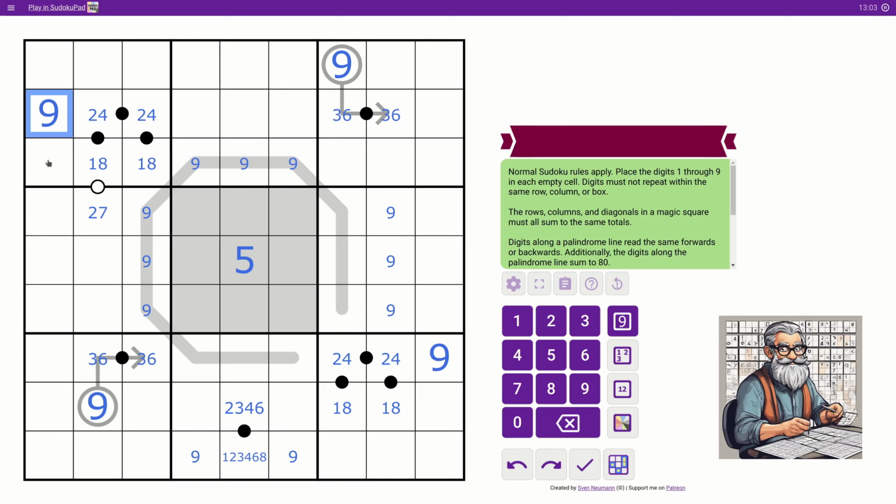All right. Anything else. There's no 3 or 6 here, which means that there's no 3 or 6 here, but so what? Not sure that is interesting.